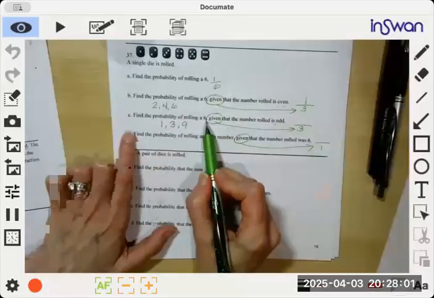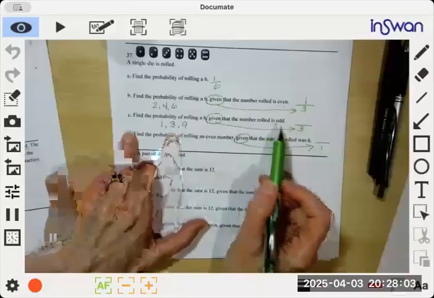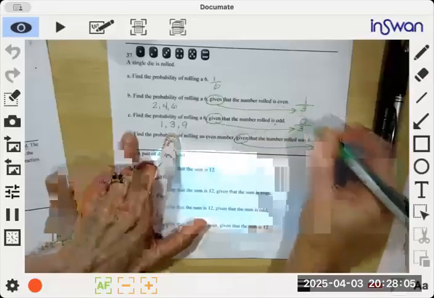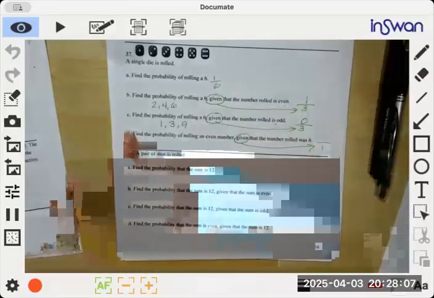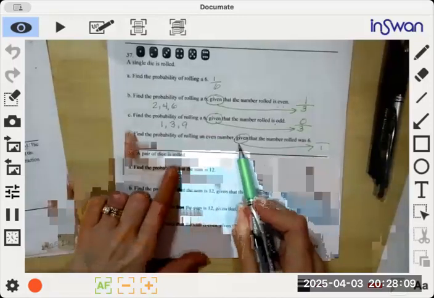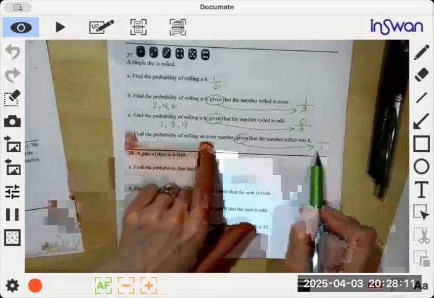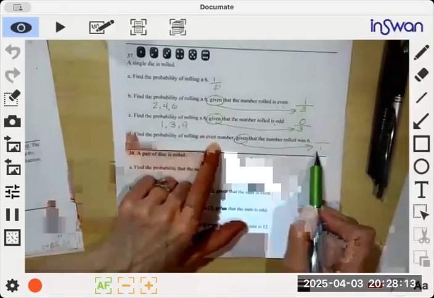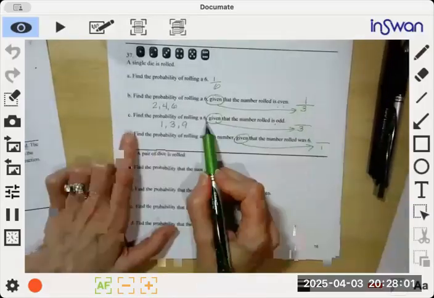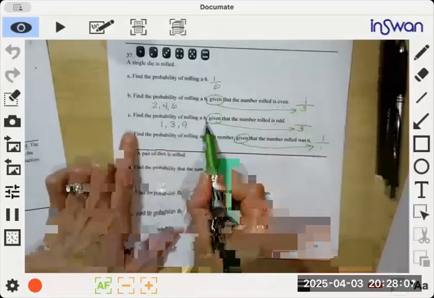Find the probability of rolling a 6 given that the number rolled is odd. Well, that's not going to happen. Given that the number rolled was a 6, find the probability of an even number. Well, 6 is an even number. So 1 out of 1.